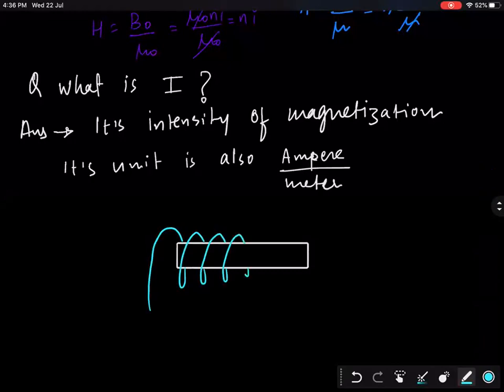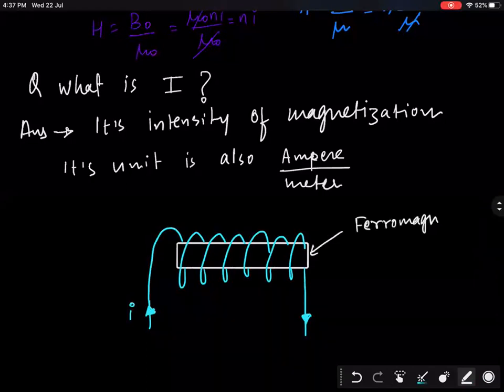So what I'm doing is creating an external magnetic field with the help of the current carrying solenoid. Initially, this ferromagnetic substance does not have any magnetic property. We switched on the current.